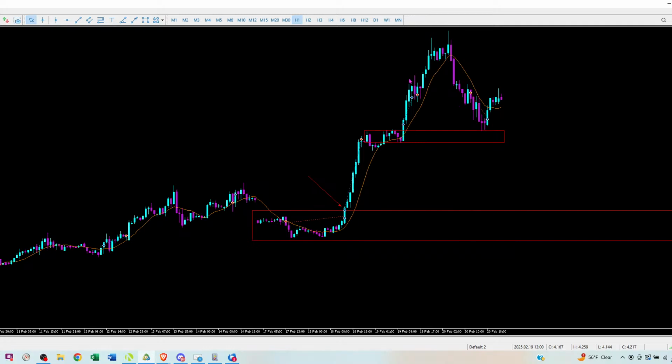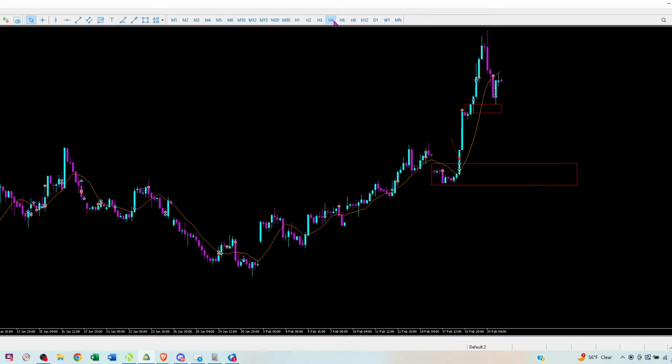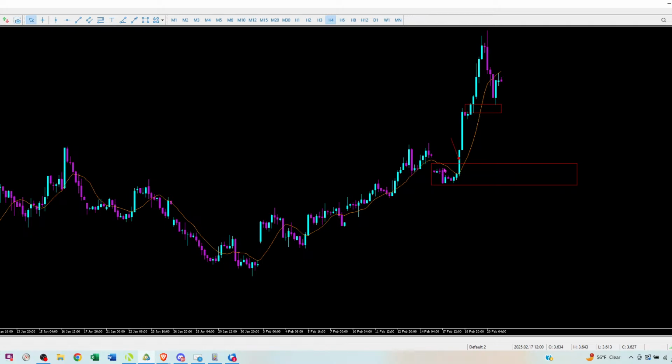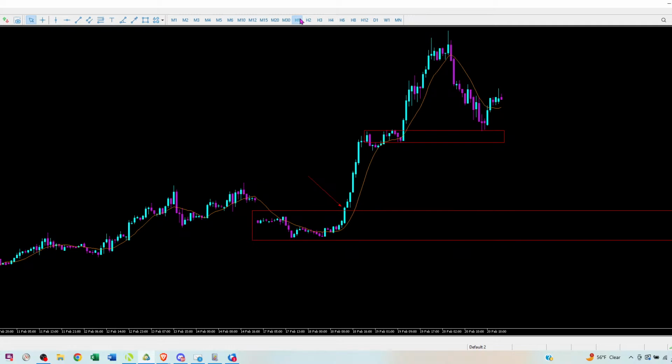And so where are we going from here? Well, again, if we look at the 4-hour, really the next big 4-hour zone is way down here. Okay, so it's way down here. So we'll have to see what happens during the overnight, if we get another pullback here and a potential move back down.